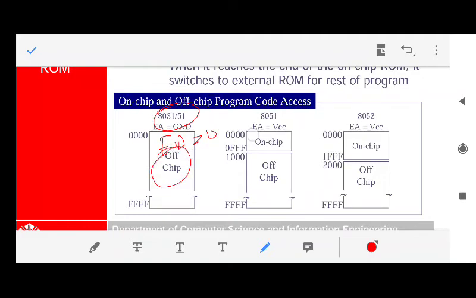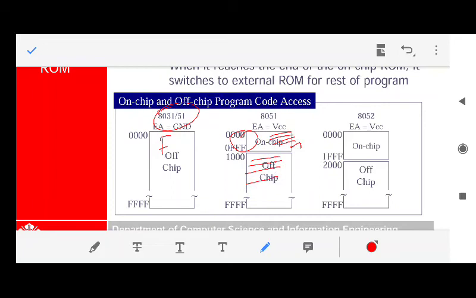Now if you connect the external access pin to VCC, VCC means 1, you have to use on chip ROM. But what happens when you try to access the off chip ROM? The instructions are first stored in the on chip ROM, and the next instruction exactly after the last instruction will be written in the off chip ROM.